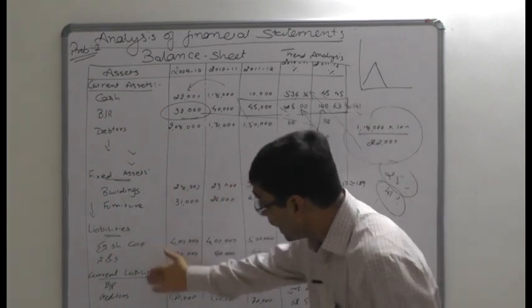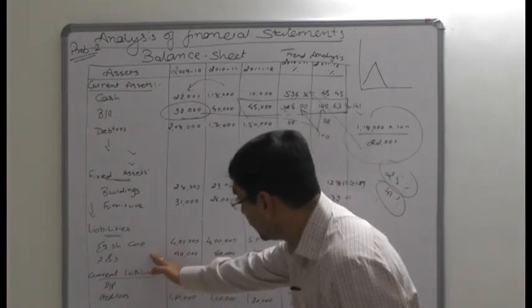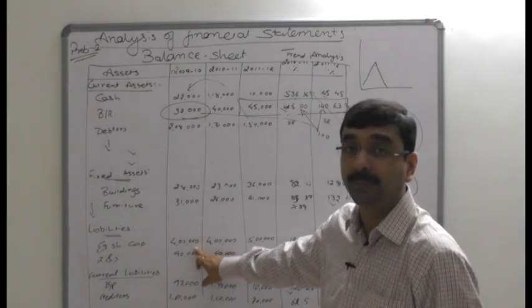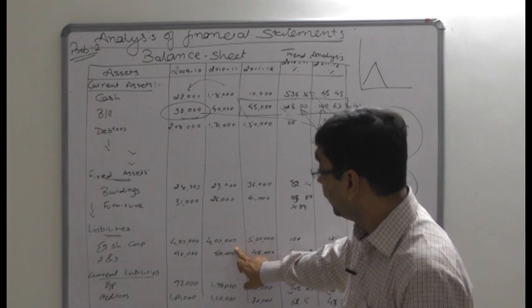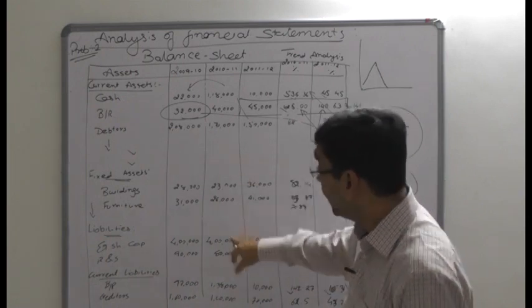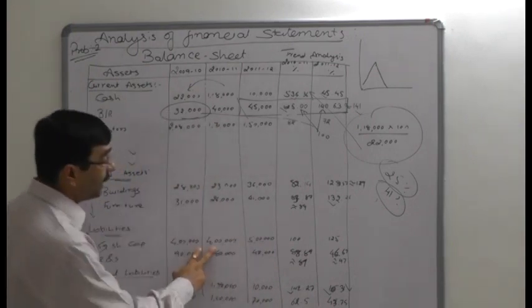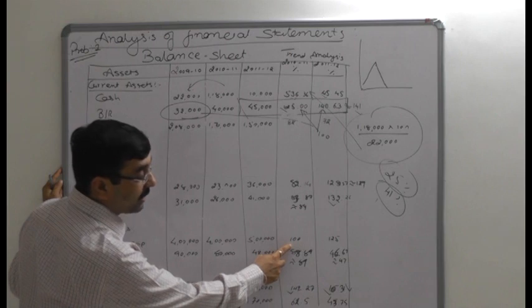The same way you can calculate it for liabilities also. In the case of liabilities, take equity share capital. In 9-10 it was 4 lakh. In 10-11 it also did not change. Whatever it carried in 2009-10, it is the same in 10-11, so there is no change and it remains 100%.